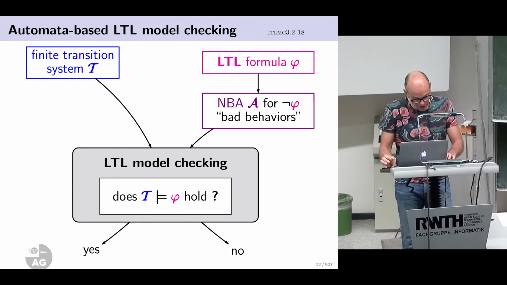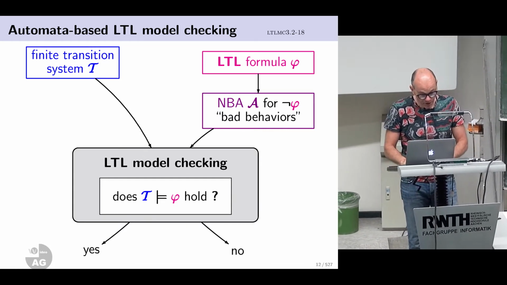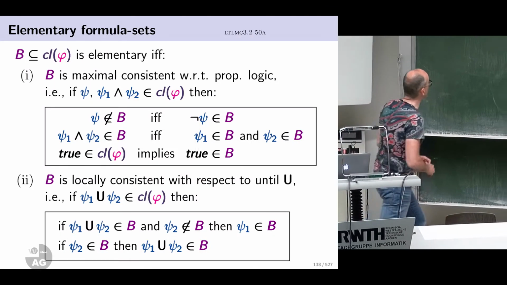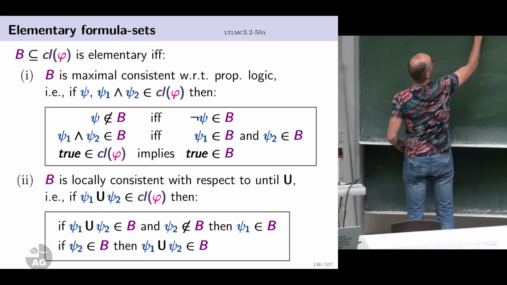The key idea that I explained last time was to take the formula and build certain subsets of its subformulas. And we called that the closure. So I briefly recap this here. We take a formula, and the last time we had a formula like this.